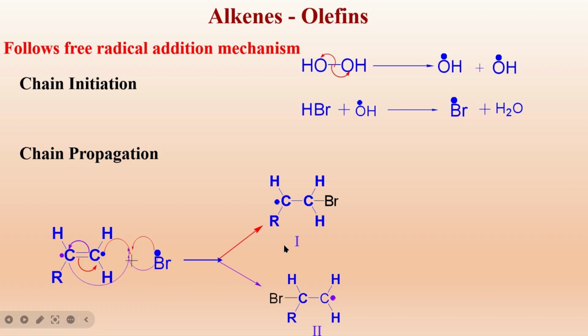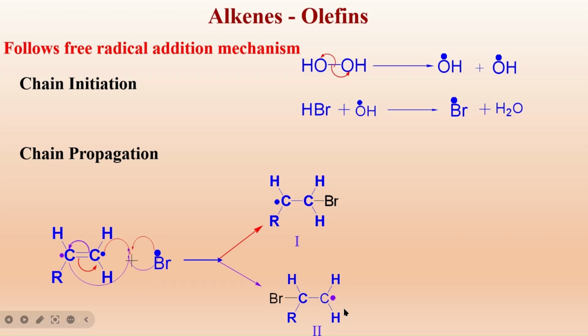Here you see, if electrons move towards the carbon which is less substituted, it gives rise to structure 1, and if they move towards the carbon which is substituted by an alkyl group, it gives rise to structure 2.